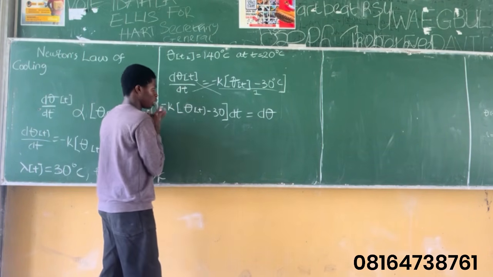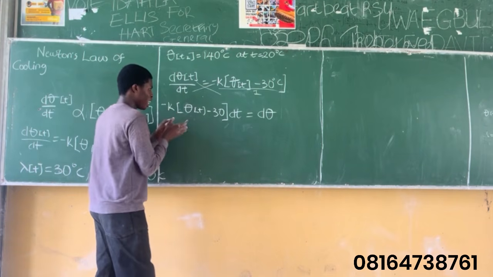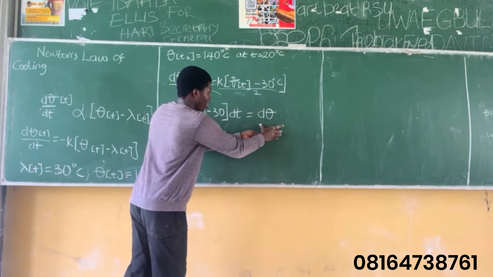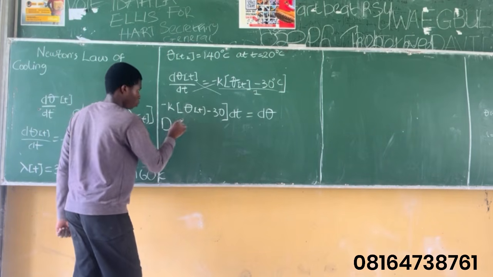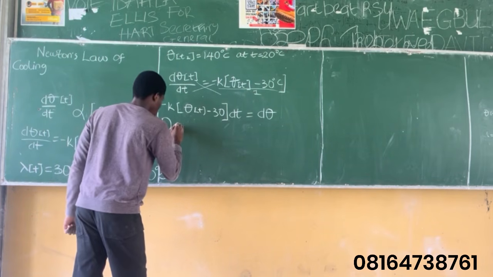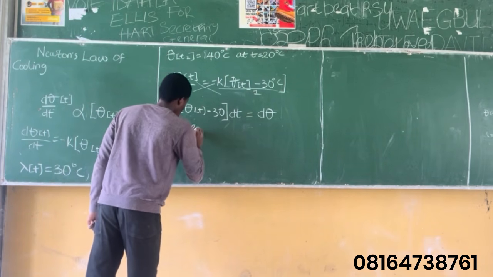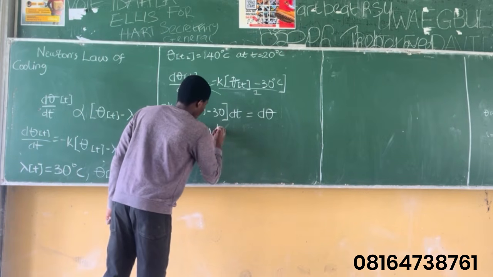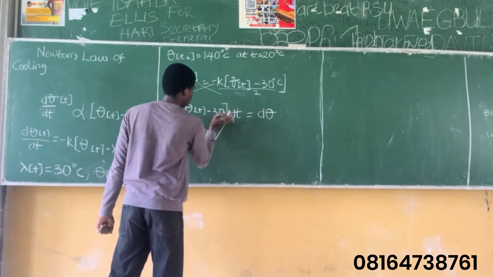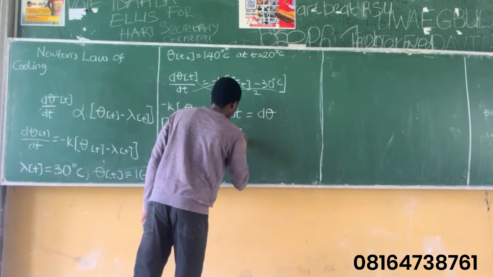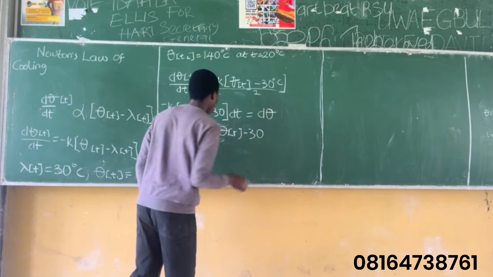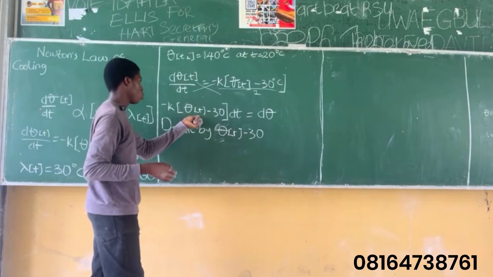We don't want anything that has theta to be on this end. So we'll take anything that has theta over to the theta side. So now we are going to be dividing through by theta t minus 30, or we'll multiply through by 1 over this.